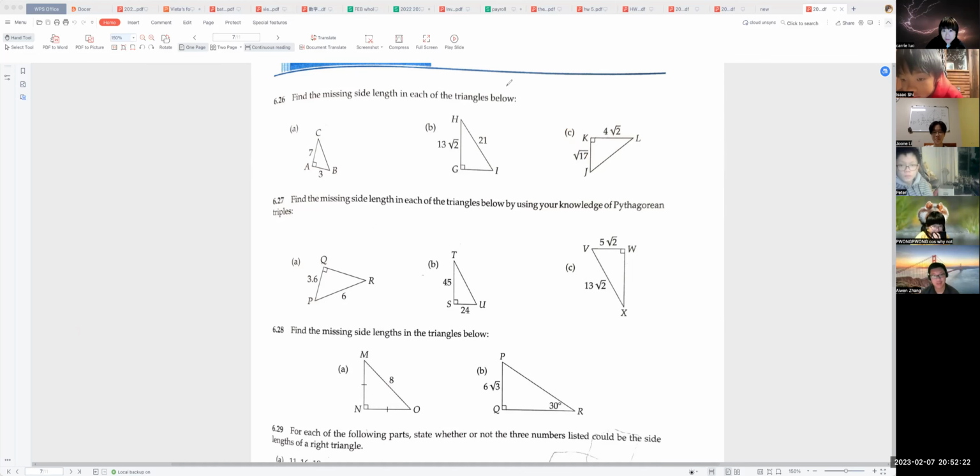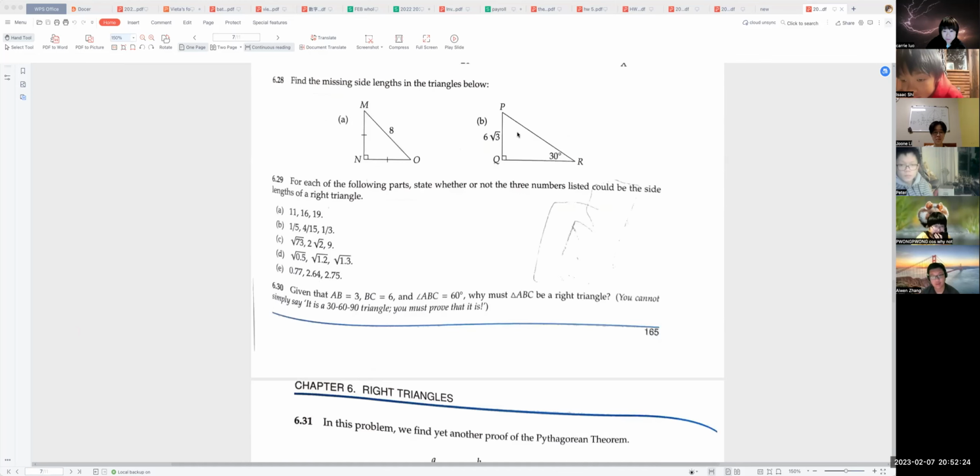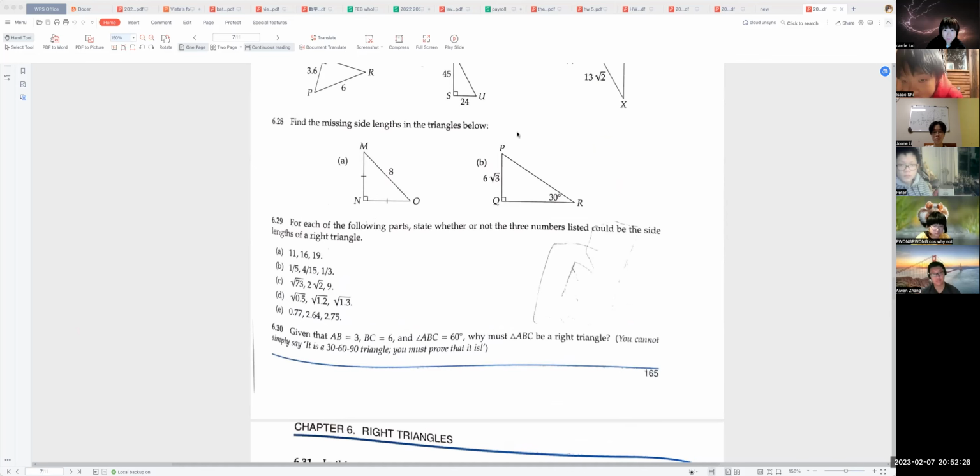Okay, everybody, I spent too much time on these questions, so finish the rest at home, okay? Now I'm going to spend a little time on these ones. This is called special angles. I think for June and Austin it's no problem at all, but I'm not sure if any of you know that. When you have this angle, this is 90, this is an isosceles triangle. So this is 45 and this is 45. What is the relationship between the sides?